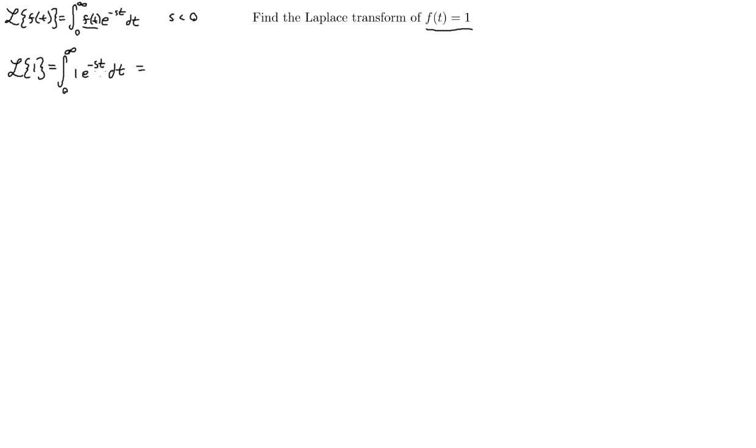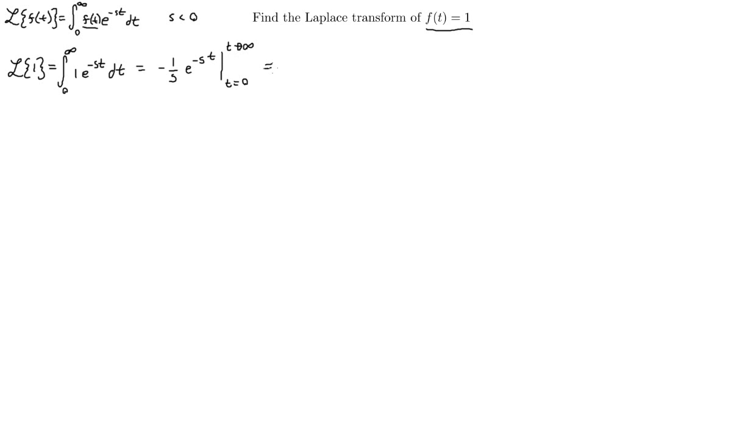So we all know how to do an integral like this, right? This is just a regular exponential. So we'll get negative 1 over s, e to the negative s times t, and then that will be t equals 0 to t goes to infinity.